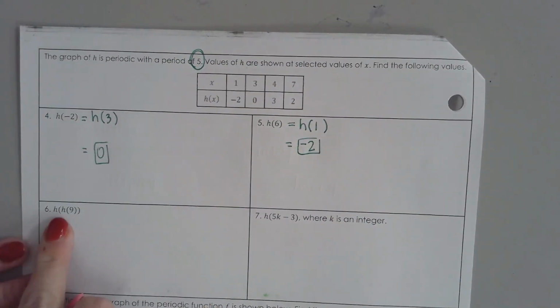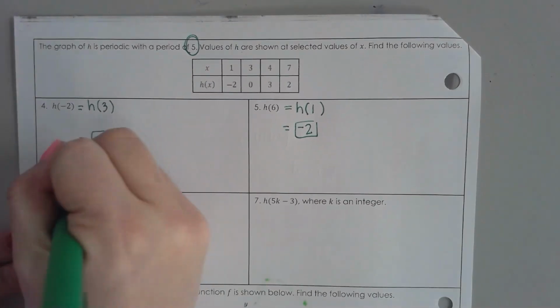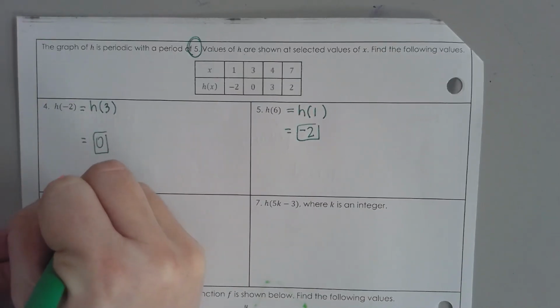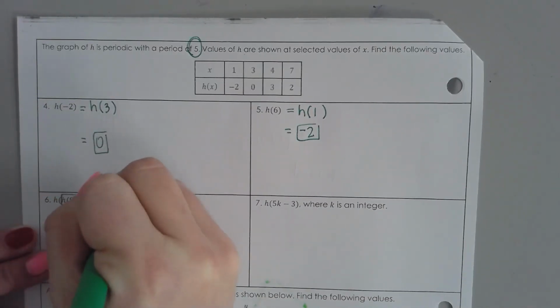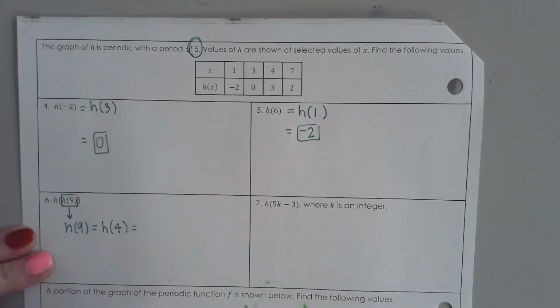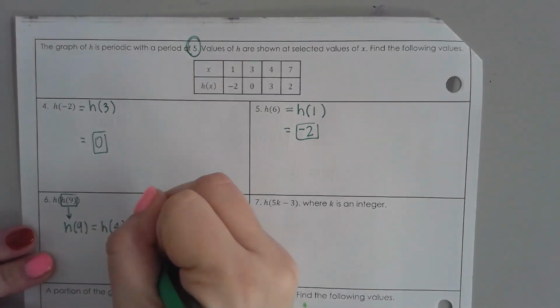Number 6 is composition. It says H of 9. So H of 9 is the same as H of 4, which is H of 4 equals 3.